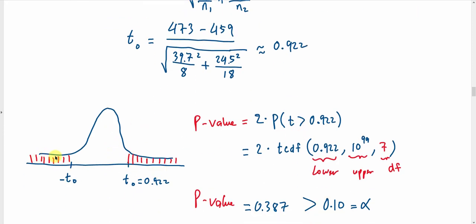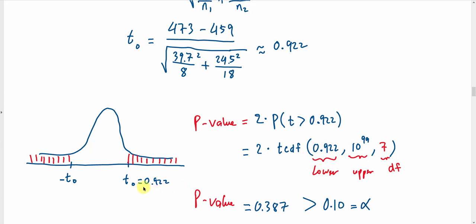Now we know that this is a two-tailed test, so I graph the curve with the two areas. This is the test statistic t0, 0.922. This is a positive value, so I label it on the right area, and all I have to do now is find one area and multiply it by 2. I use the TCDF function to find the area on the right-hand side.